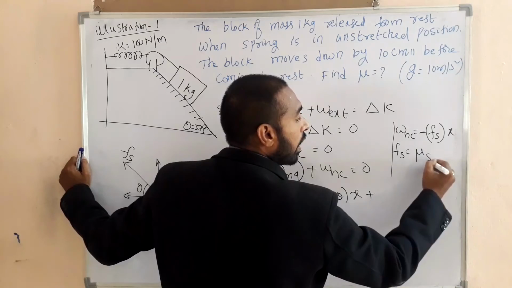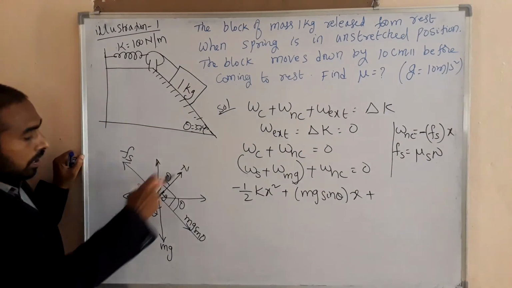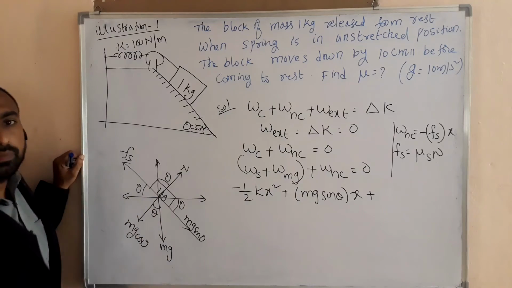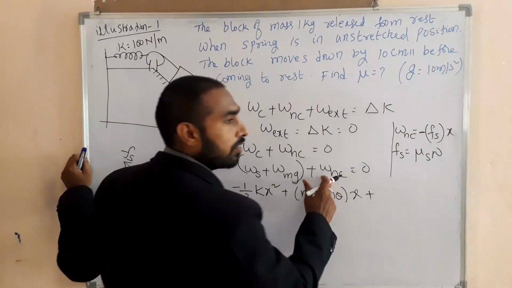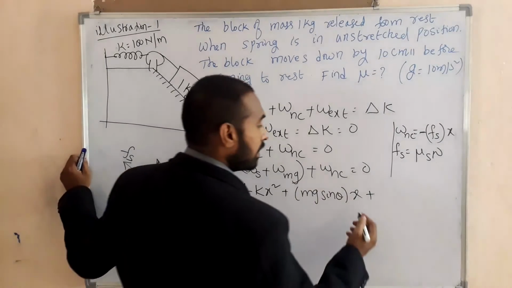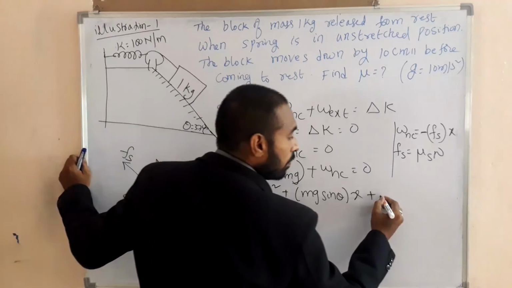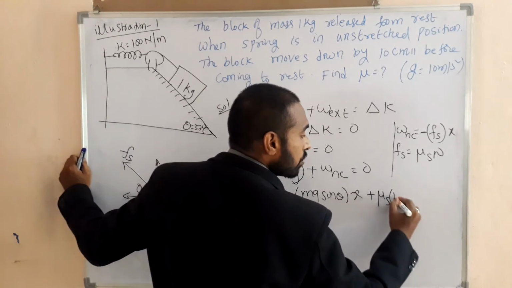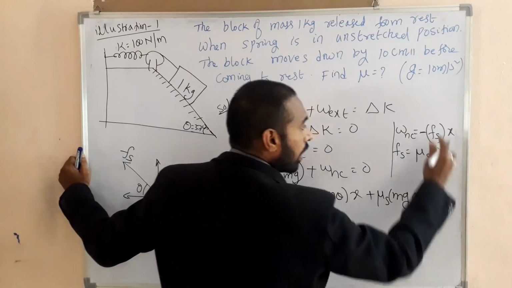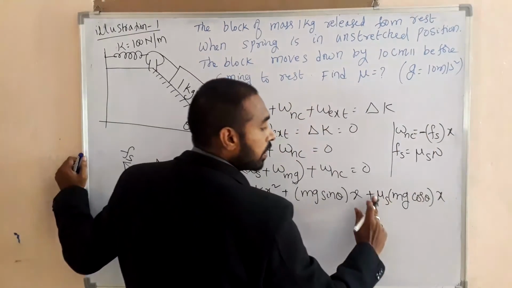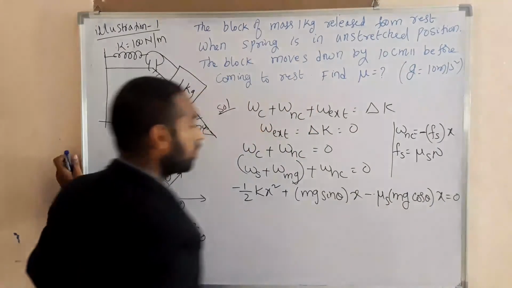Mu s into N. N is balanced by mg cos theta at the equilibrium position. So instead of work done by the non-conservative force, I will write it as Fs into x, where Fs is mu s into N. So it will be mu s into mg cos theta into x, with a negative sign. So you need to take the sum equal to 0.